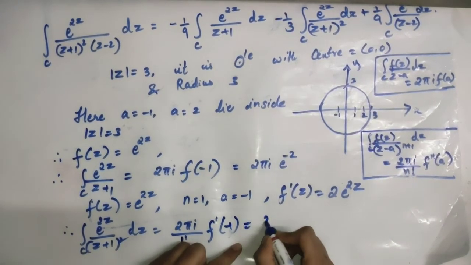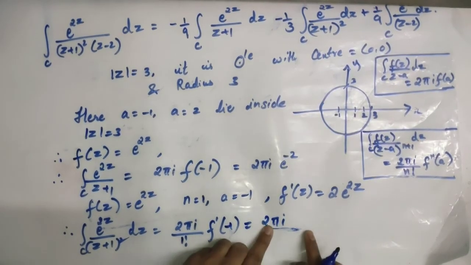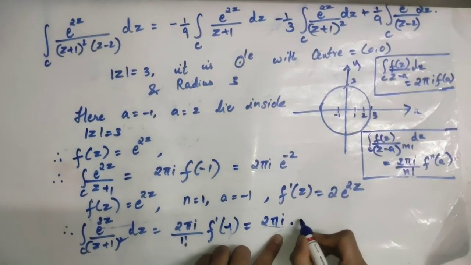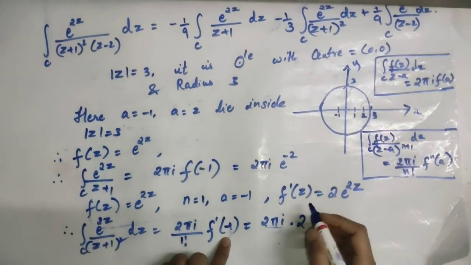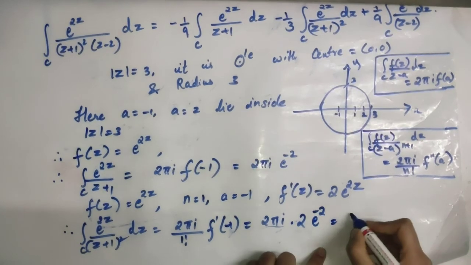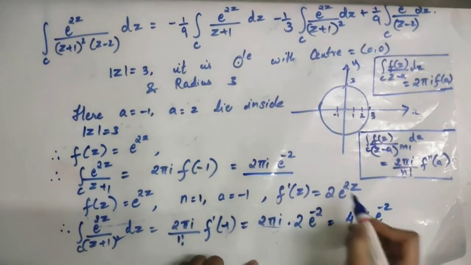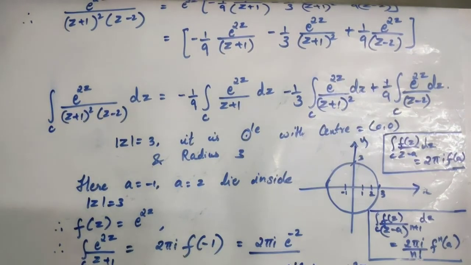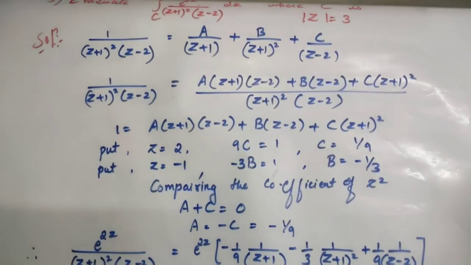So this will be equal to 2πi divided by 1 factorial, which is 1, times f'(-1). You just have to substitute z = -1 in f'(z), so it will be 2 times e^(-2), or 4πi e^(-2). Okay, these are the values we have evaluated for the first two integrals. Now the final part, I shall be continuing it here.